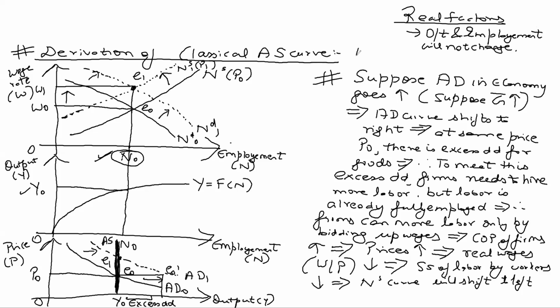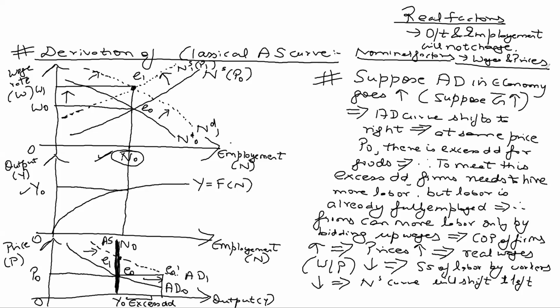What will change is only the nominal factors. What are the nominal factors here? The nominal factors are wages and prices. You can see that wages will keep on going up. Prices will keep on going up. But the real factors, which are output and employment, will remain the same.